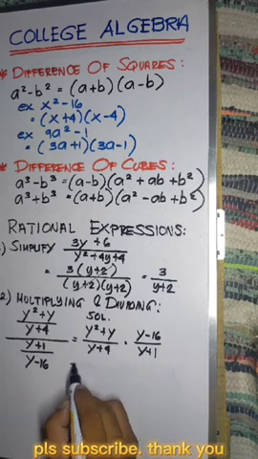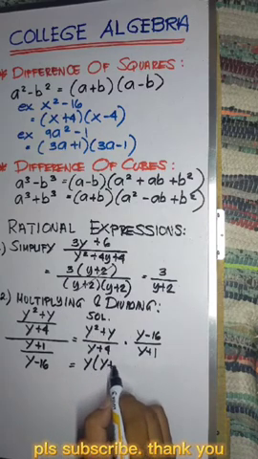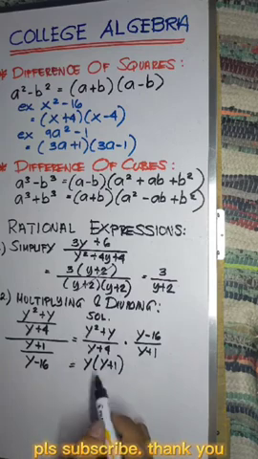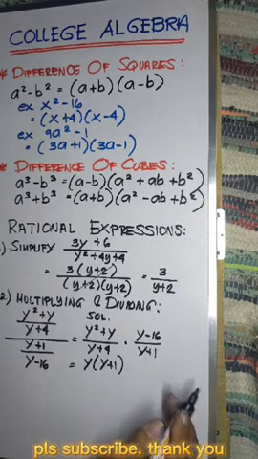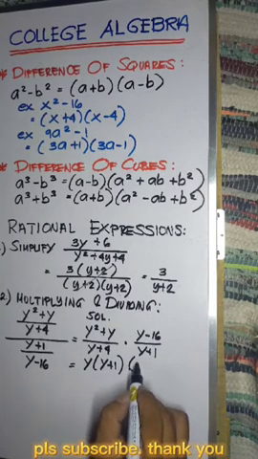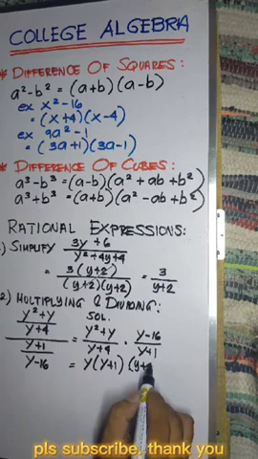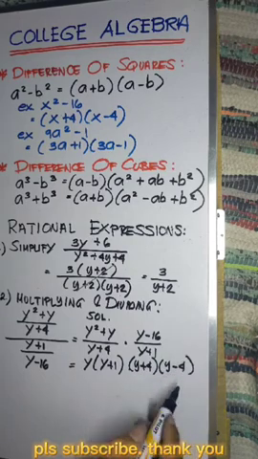Now we expand. So y times y plus 1. So the common factor is y, so that's why y plus 1. And this one, again, from the theory we had, this will become y plus 4 and y minus 4. Okay.